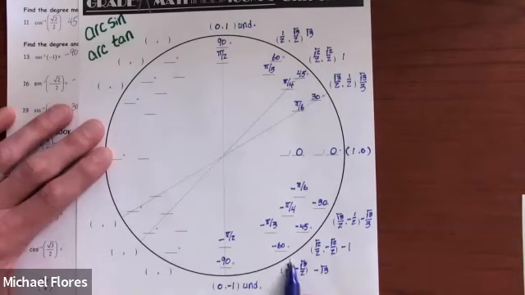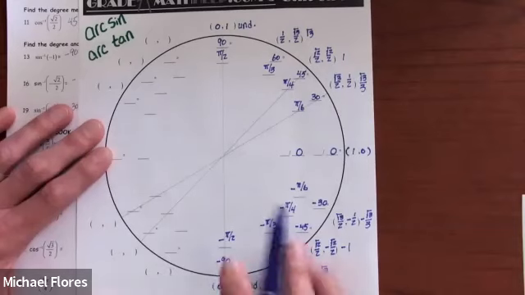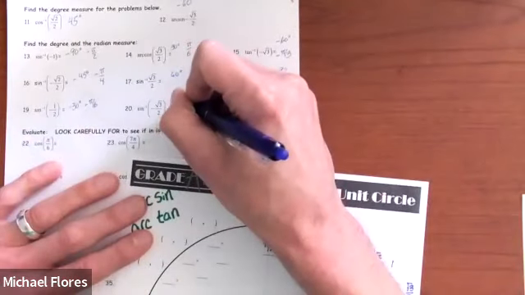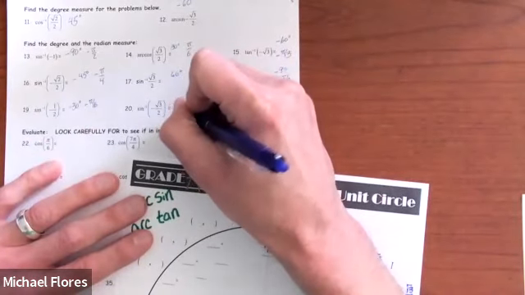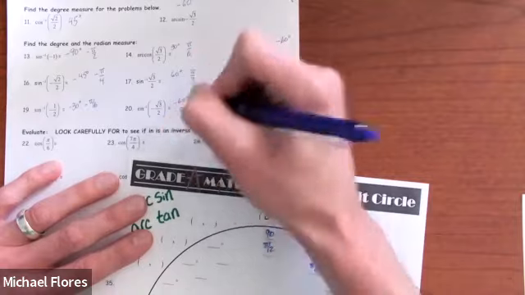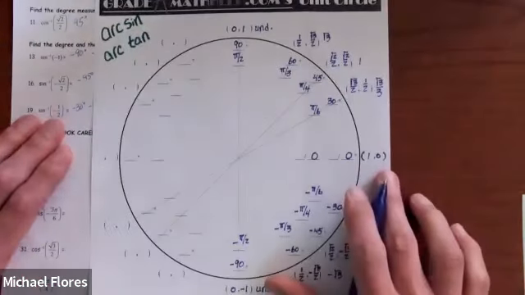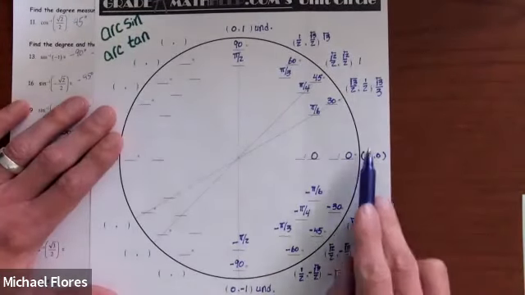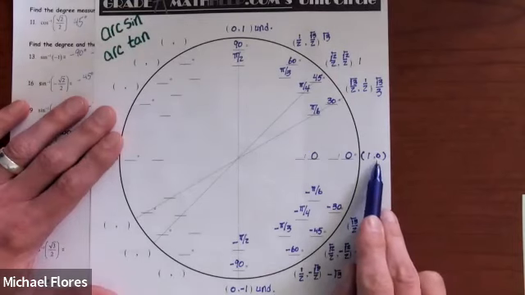There's negative root 3 over 2. There's our answers right there. Arc sine of 0. There's where sine is 0 right there.